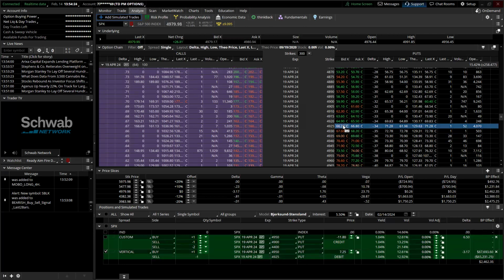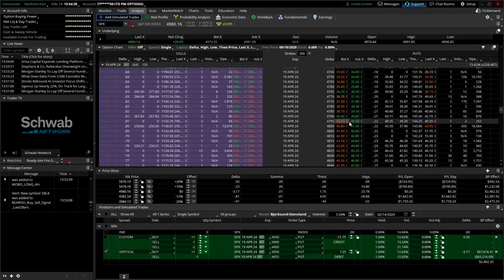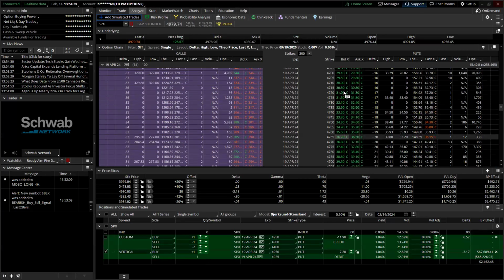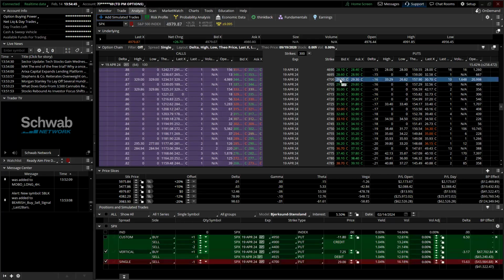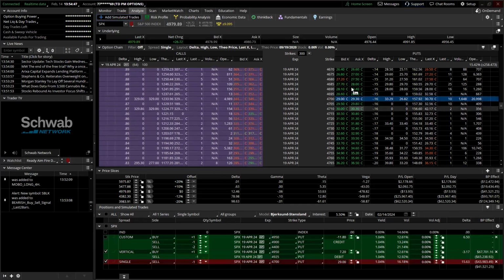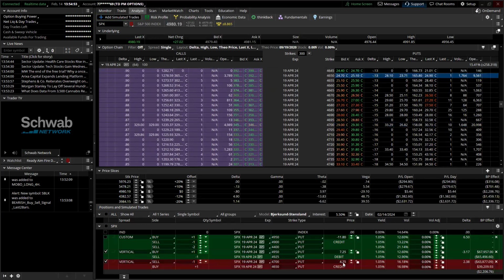Let's see how far out of the money we can go to find a 50-point wide put credit spread that's going to pay us a credit of about $5. I think we need to go somewhere close to about delta 15. So let's try 4,700, right? We're going to sell the 4,700 and buy a put 50 points lower, so 4650. That's 4.25, close.